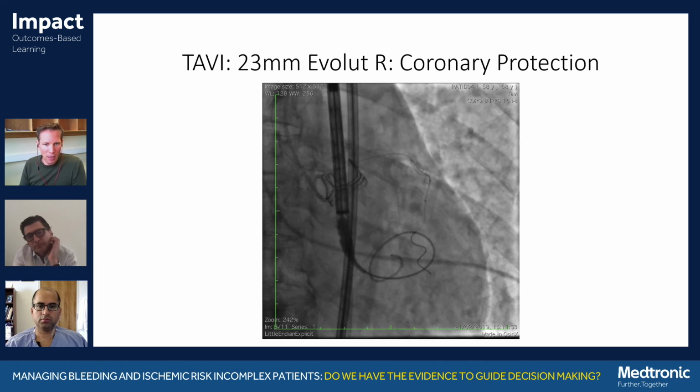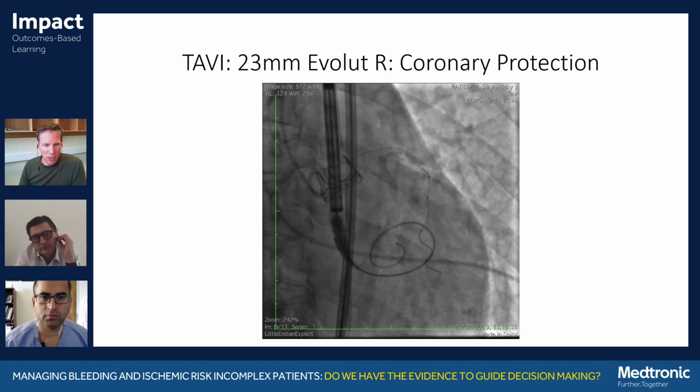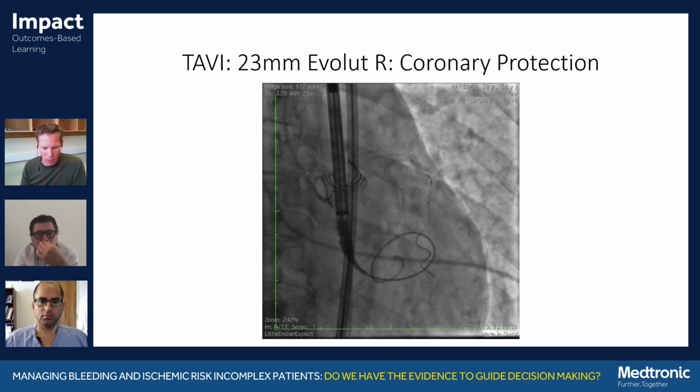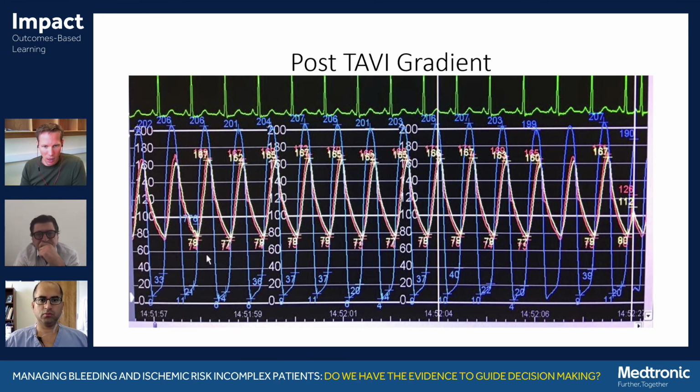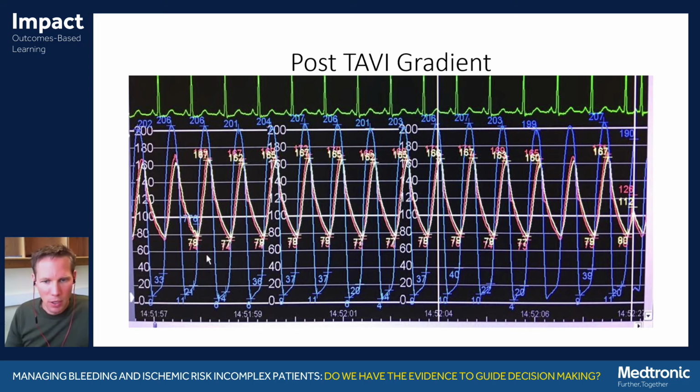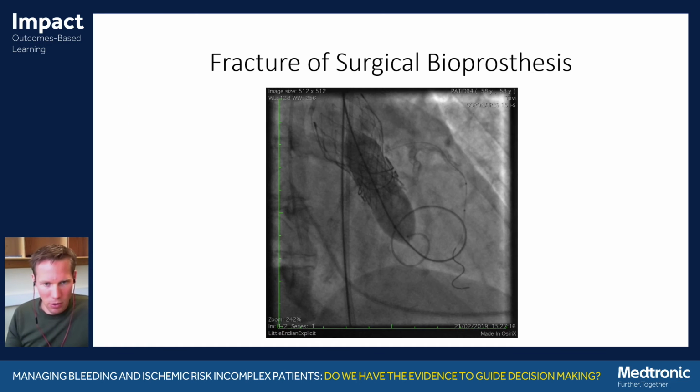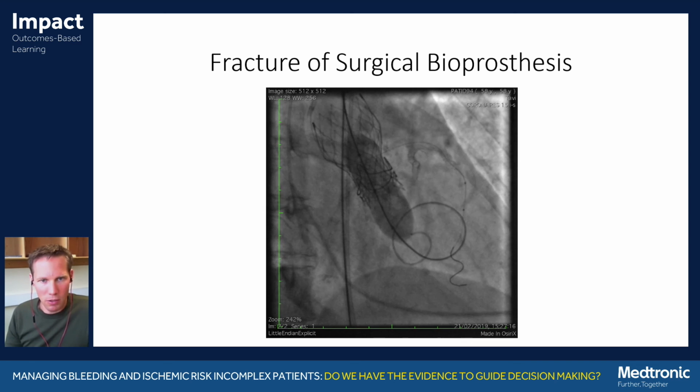We went ahead and opened the valve, checking, of course, the left main as we went along. And post implantation of the valve, we unfortunately had this very considerable gradient of nearly 40 millimeters of mercury. And so the next step, and again, this was one that we had assumed would happen, was to fracture that surgical bioprosthesis with a 20 millimeter True balloon.